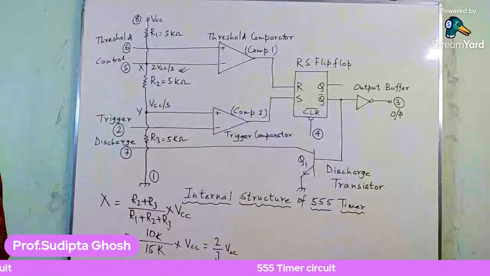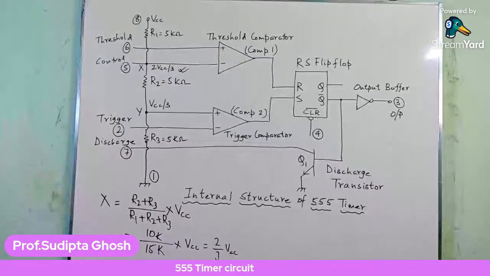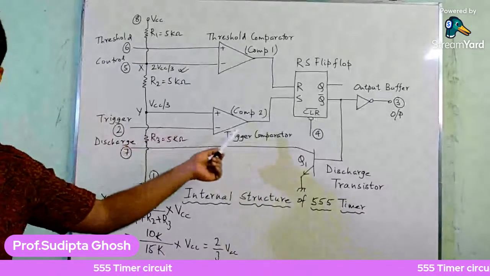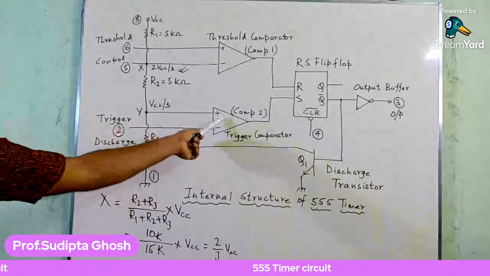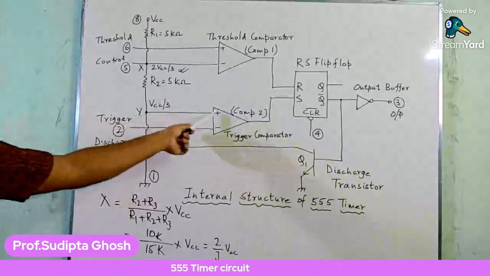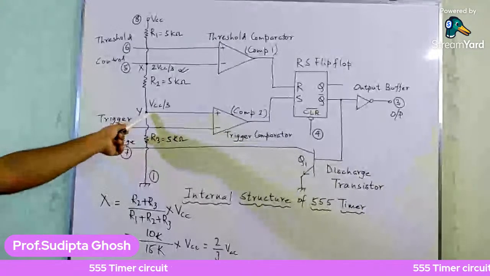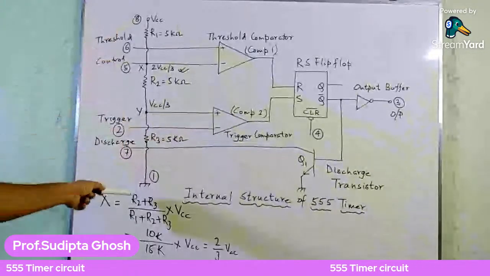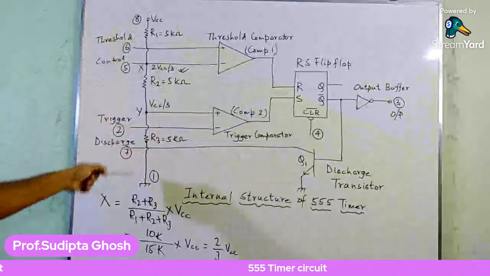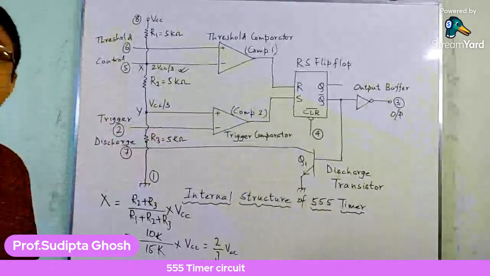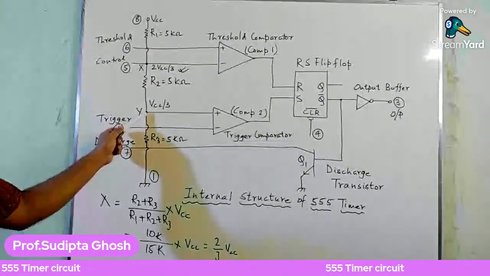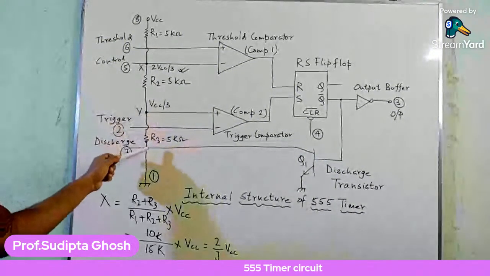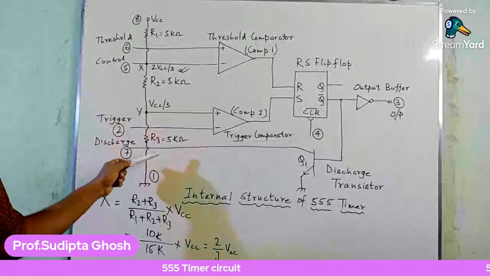And now move on to the other terminal for the trigger comparator, that is, the comparator number 2. As you can see, the non-inverting terminal is connected to this potential divider, and here also the potential at the point Y will be the drop across the resistor R3.